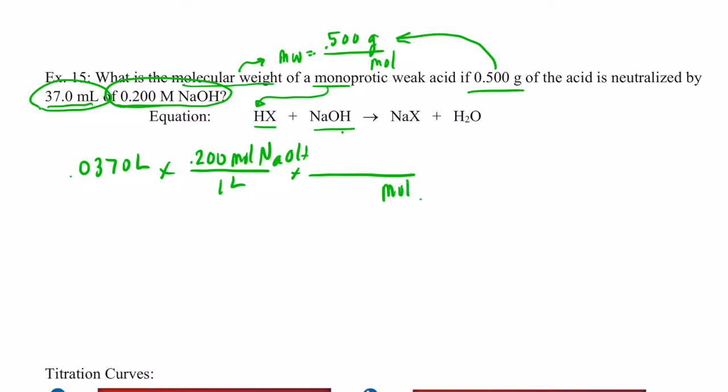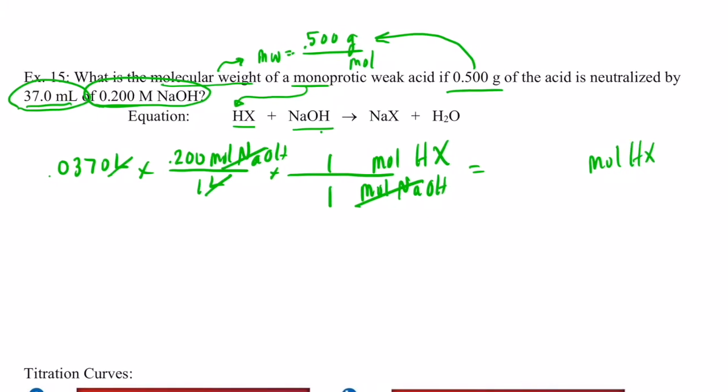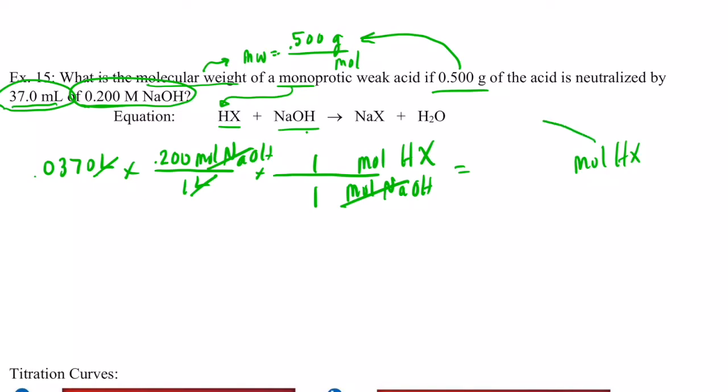So we want to now go from moles of NaOH to moles of what we're after, which of course is our unknown acid, HX. And that ratio is 1-to-1. So liters are gone, moles of sodium hydroxide are gone, and I have moles of my acid, which in this problem is what I need to finish the problem. So let's see what we have here.